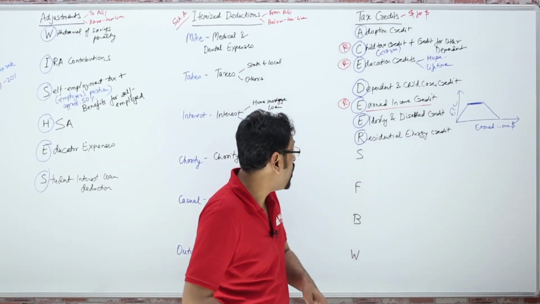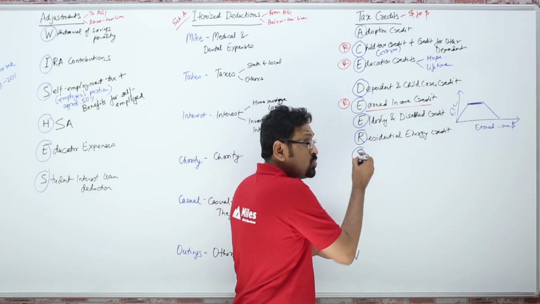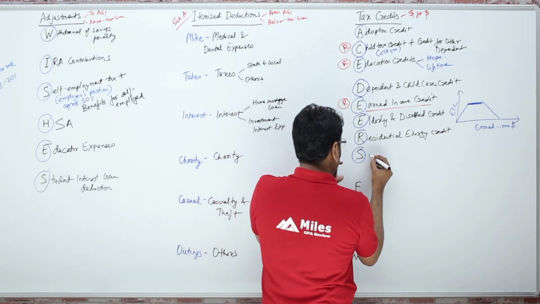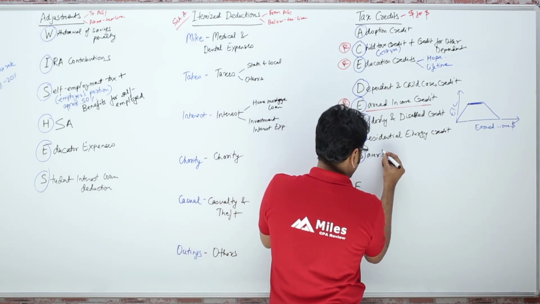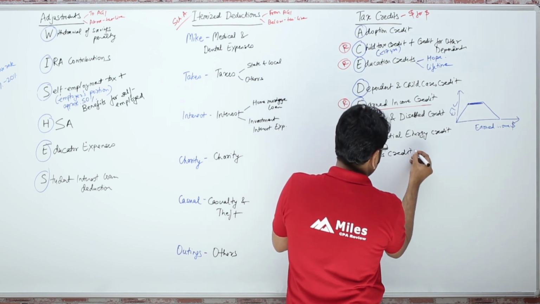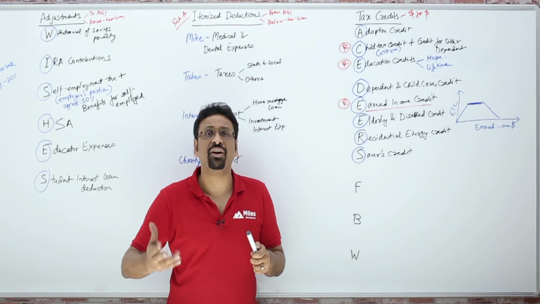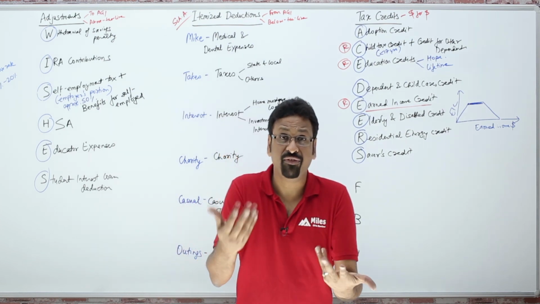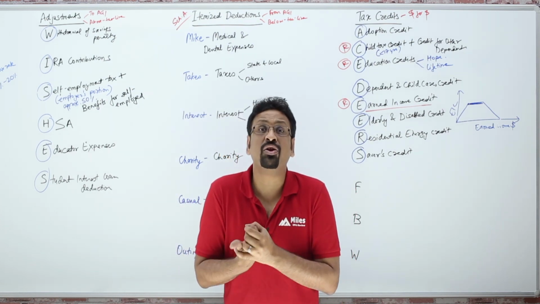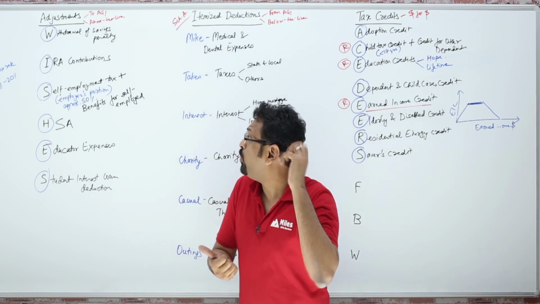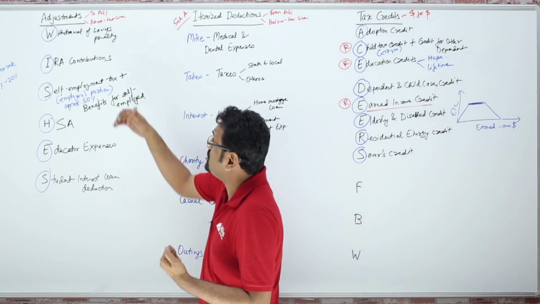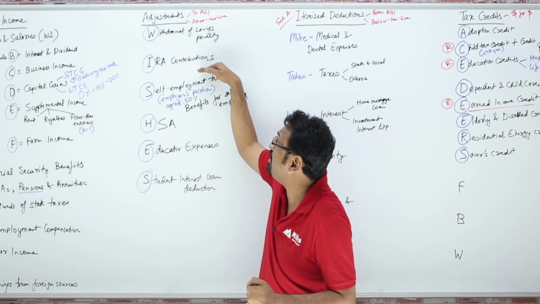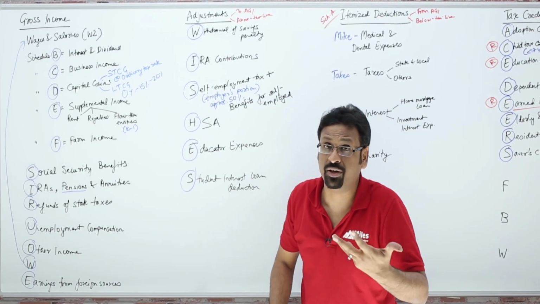The S of DEARS, this one is the savers credit, a credit for those who save. We also call this the retirement savings contribution credit. Now, for retirement savings of IRAs, individual retirement accounts, we spoke about adjustments or deductions to AGI, where you had IRA contribution as a deduction.